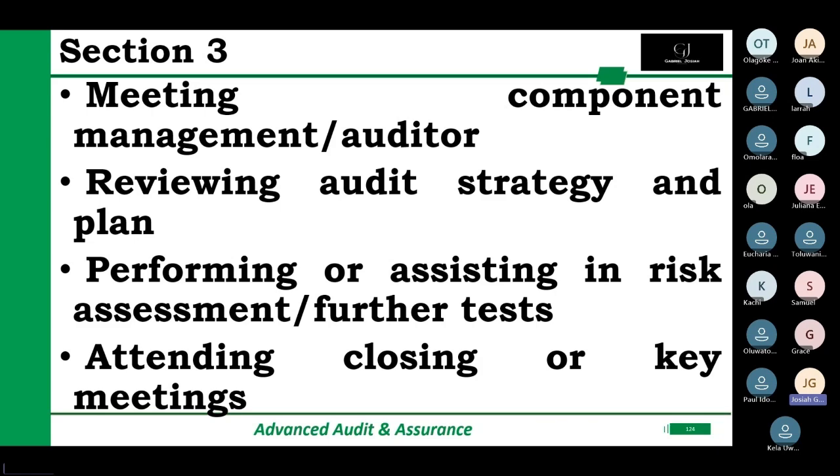He also needs to review the audit strategy and the plan around areas of risk that are very significant, high-risk areas. He also needs to, if possible, perform or assist in risk assessment, assist the component auditor in further risk assessment and further testing, either directly or directionally.